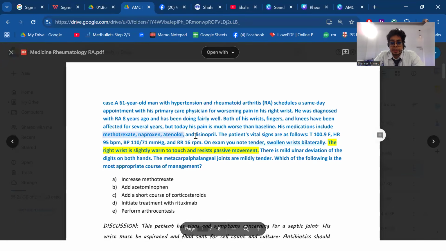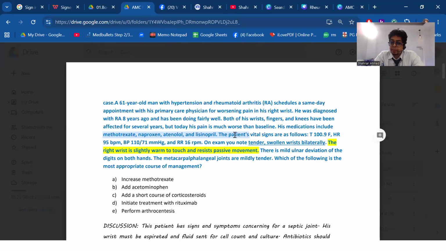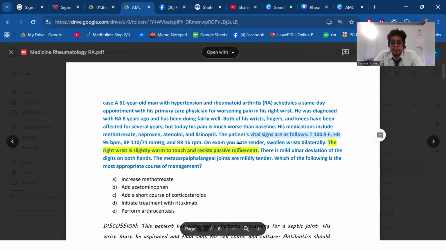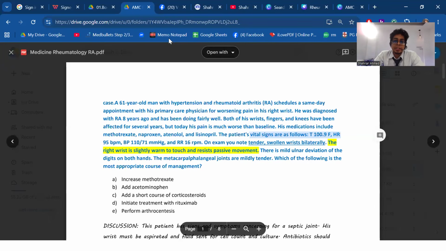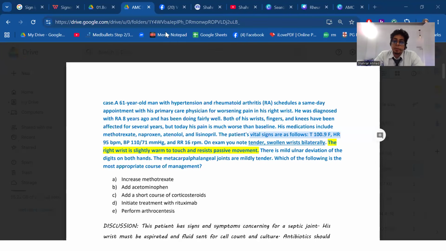He is taking a few drugs. Methotrexate is a disease-modifying anti-rheumatoid drug. These are the vitals. On examination, the right wrist is tender, and he doesn't want to be touched. Now, we have some options for the appropriate course of management.